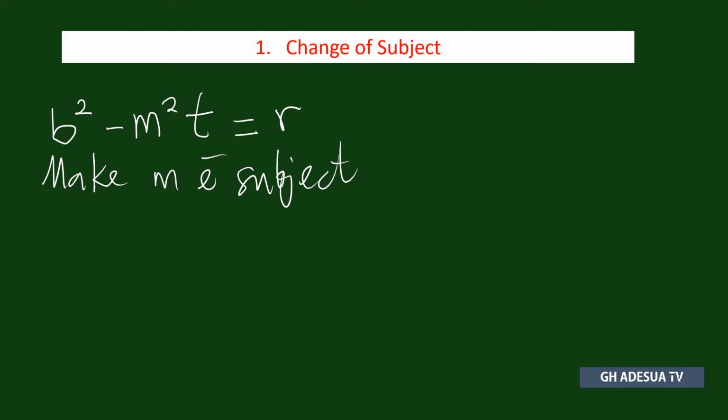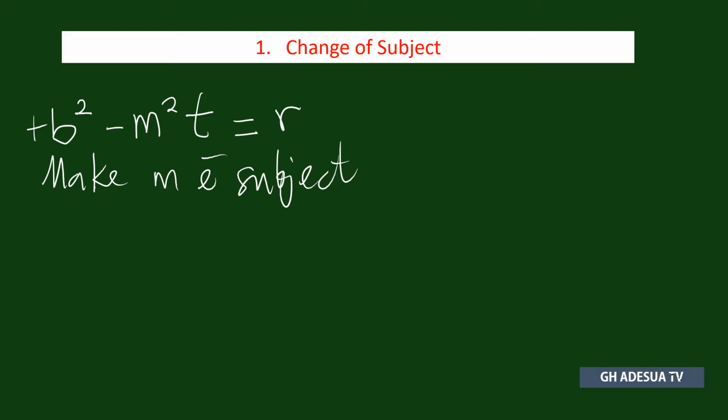Alright, so I expect that you were able to do it, but let's do it together. So you have b squared minus m squared t is equal to r, but we are making m the subject. Now you realize that b squared is added to m squared t. In this case, the b squared is positive because there's no sign in front of it.